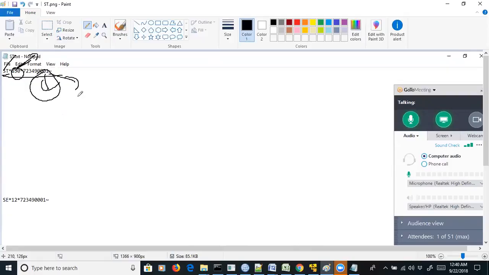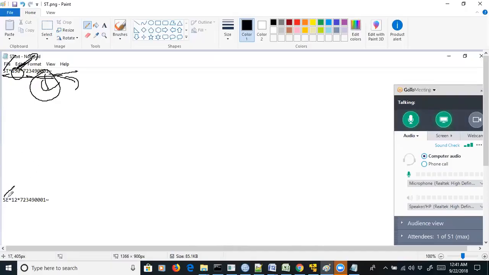So two STs cannot have the same one within the same GS. So this is your ST: the segment identifier, transaction type, and then the transaction control number.